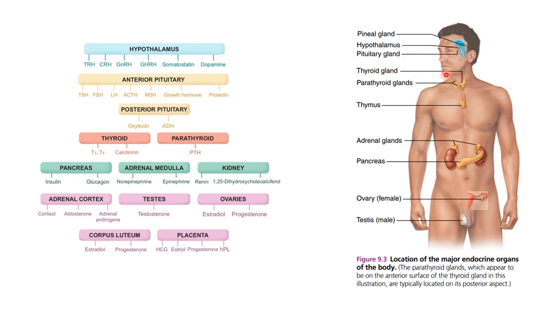You have here the thyroid gland on the neck and the parathyroid glands on the posterior aspects of the thyroid gland. You have the thymus, which is an organ for the maturation of white blood cells, and it produces the T cells or T lymphocytes of the blood.